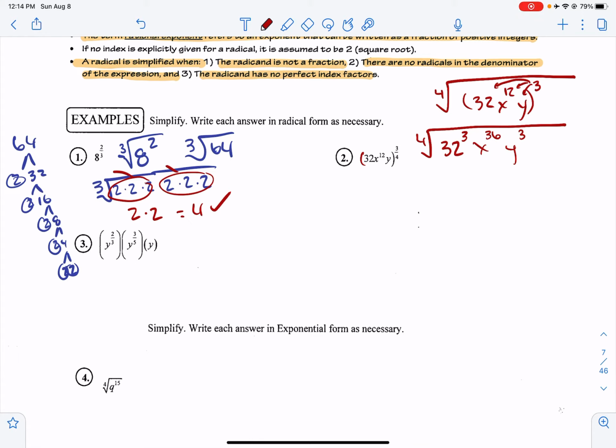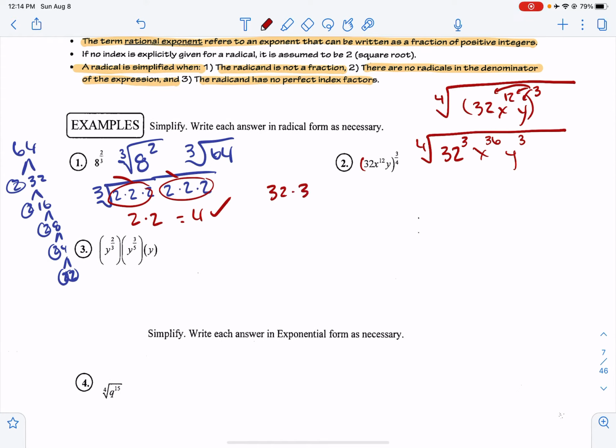I'm going to do it a little bit different because 32 cubed is just 32 times 32 times 32, right? Well, I'm factoring those out, right? I need to break them down. So 32 is 2 times 16. 16 is 2 times 8. 8 is 2 times 4. 4 is 2 times 2.